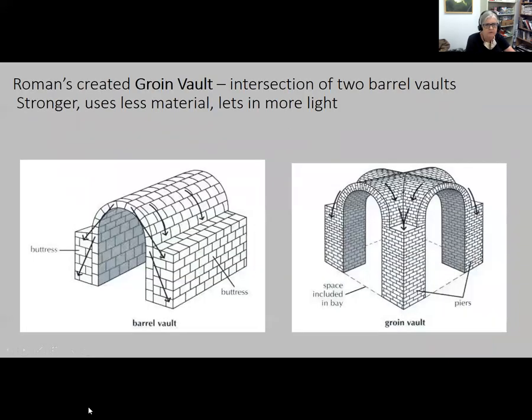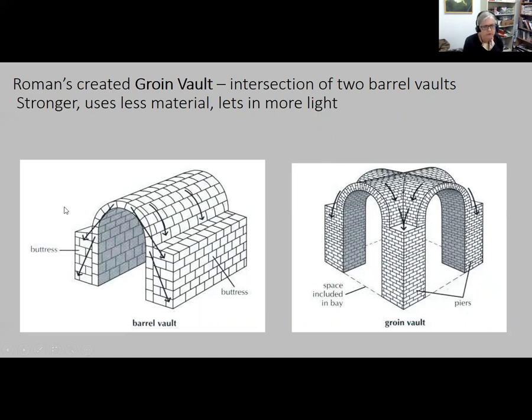And the problem when you're making a barrel vault, especially out of the materials they were using, so the Romans were using concrete, it made it a little difficult to have the sides of that support itself.